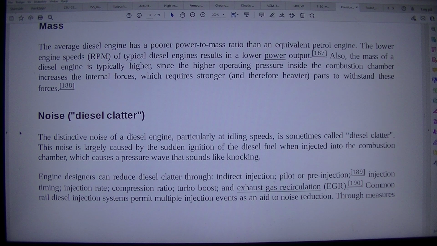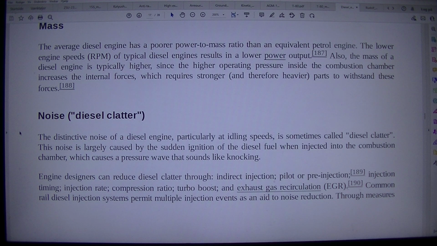Engine designers can reduce diesel clatter through indirect injection, pilot or pre-injection, injection timing, injection rate, compression ratio, turbo boost, and exhaust gas recirculation, EGR. Common rail diesel injection systems permit multiple injection events as an aid to noise reduction.